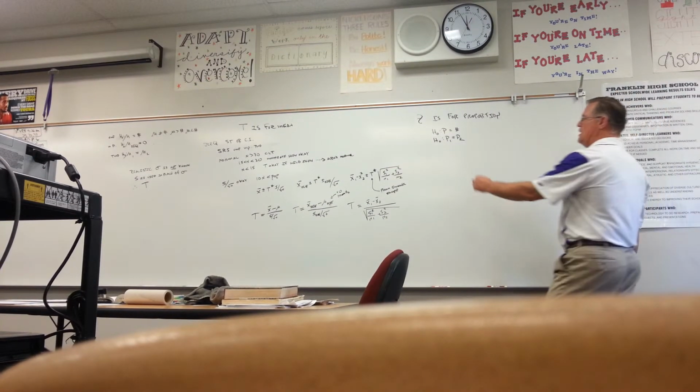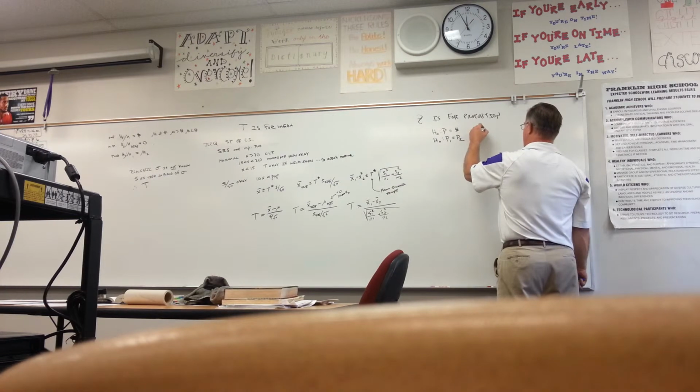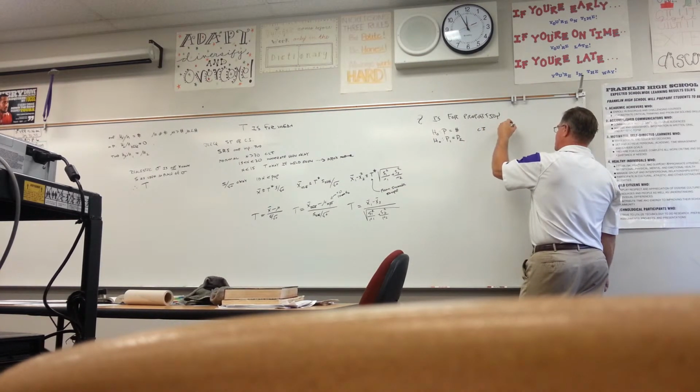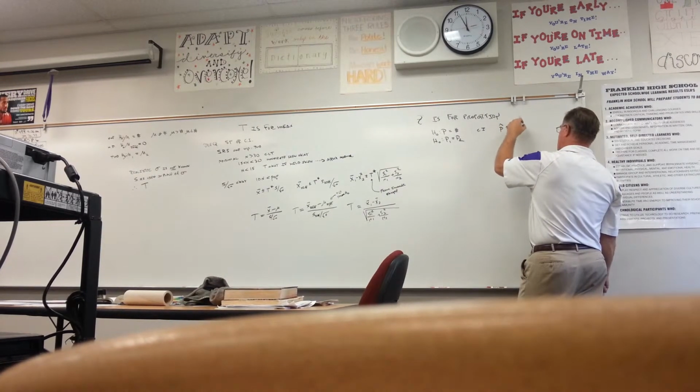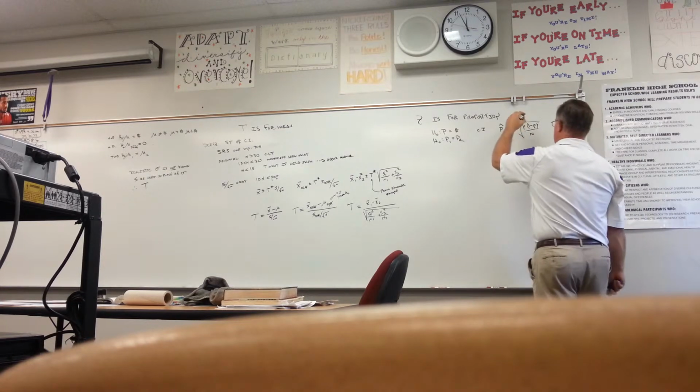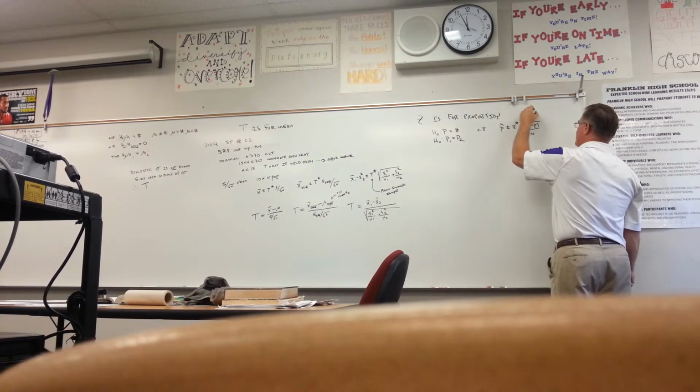If I'm doing a confidence interval, it's going to end up being P hat plus or minus Z star times the square root of P times 1 minus P over N. If I don't know this number, I use P hat.